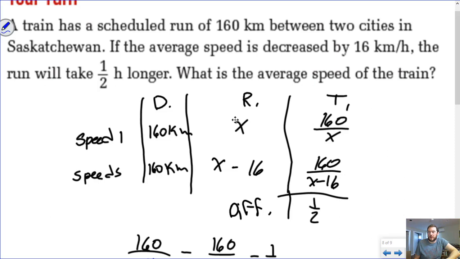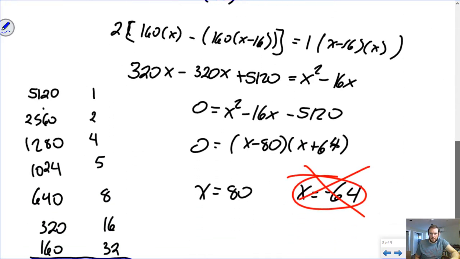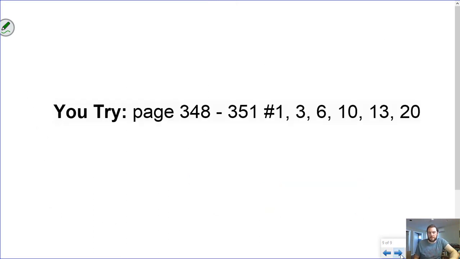It's just looking at the question in reverse, right? So going 80 kilometers an hour this way is similar to going 16 that way, 64 that way, right? So what this is telling us is that we get the same numbers either way. But the one that makes the most sense in the context of this question is the positive 80 kilometers per hour.